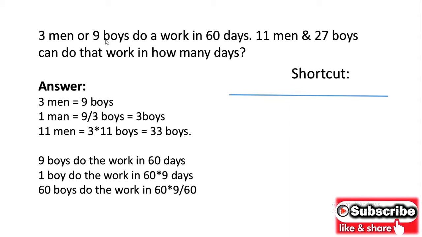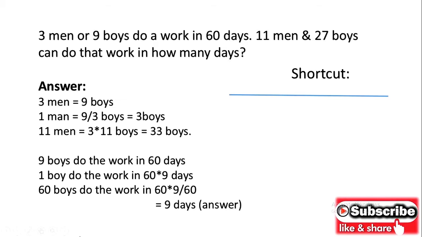So how did we find out 60 boys? You see that we found that 11 men is equal to 33 boys, and there are 27 boys. So 27 plus 33 is equal to 60 boys. Okay, this is how we have found 60 boys.